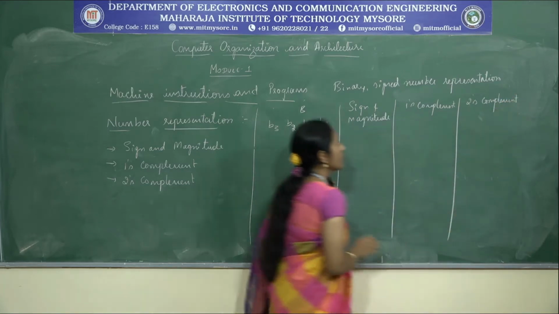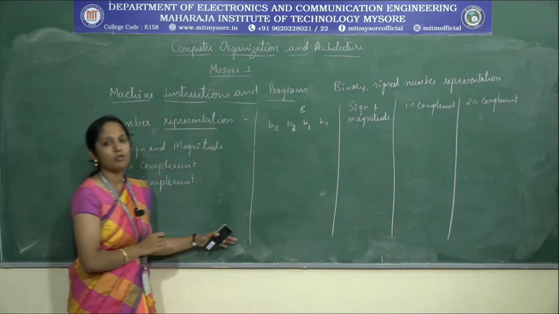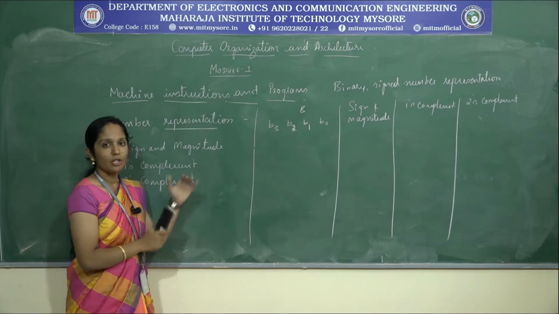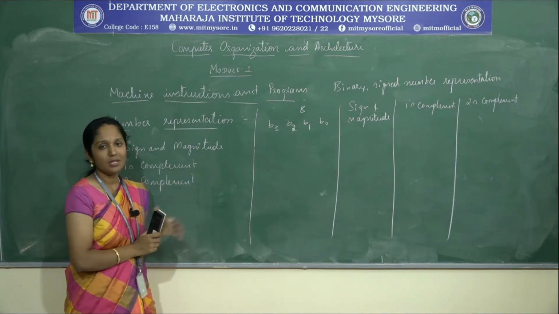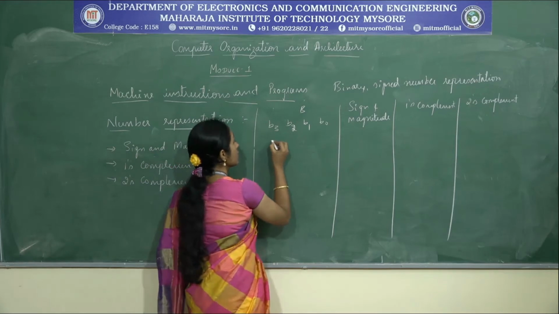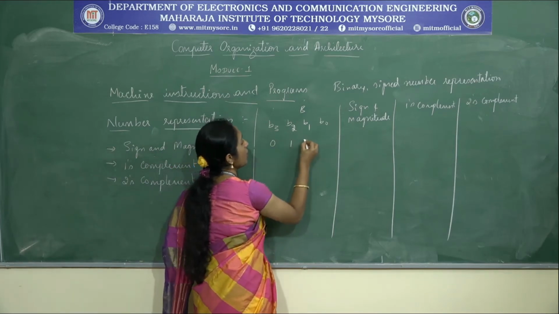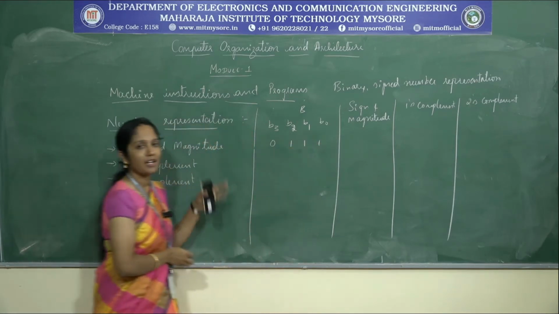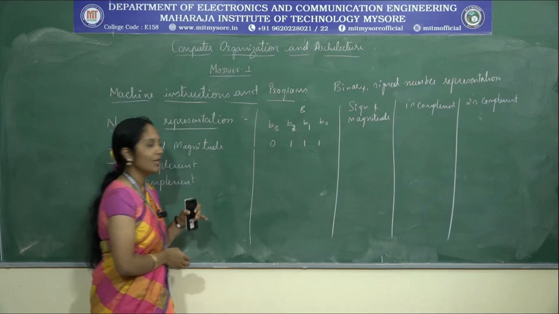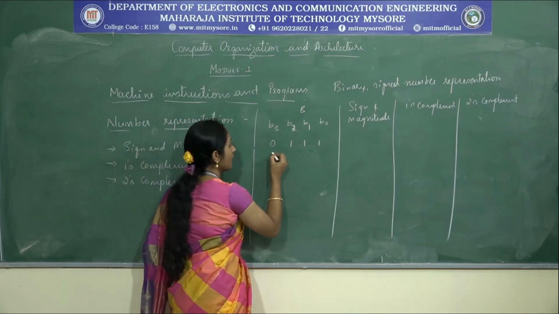Let me represent all the 16 values, and then I will tell you the difference from one system to the other. Instead of starting from 0 0 0 0, I will be starting with 0 1 1 1. The significance I will tell you later.